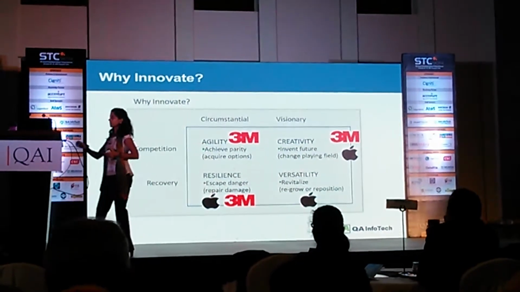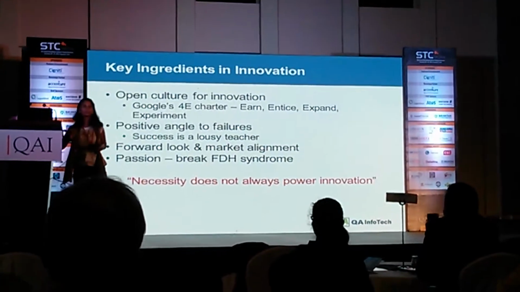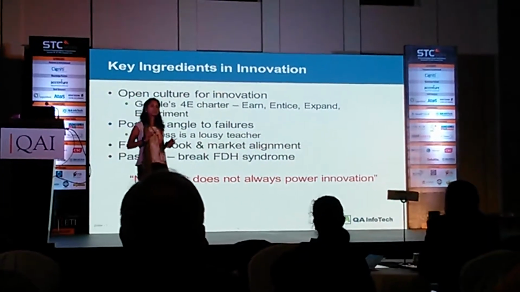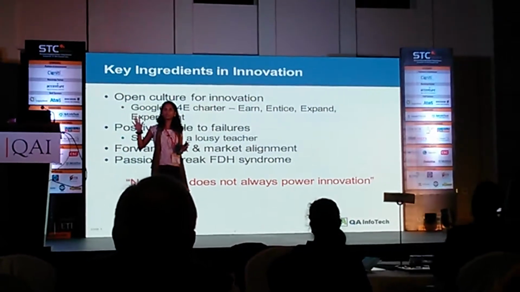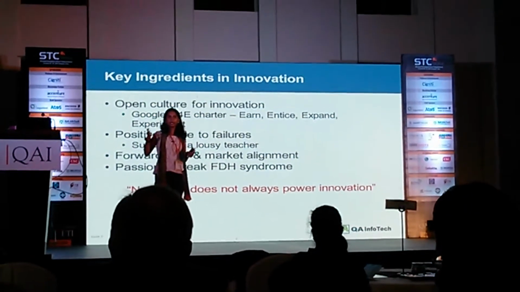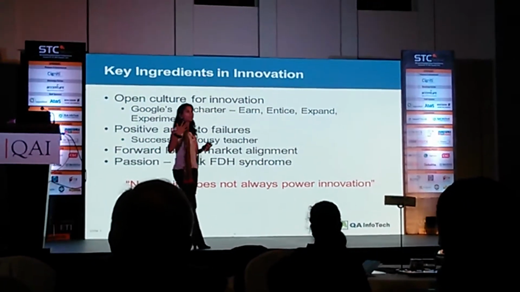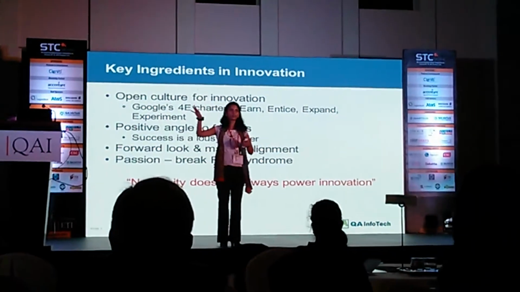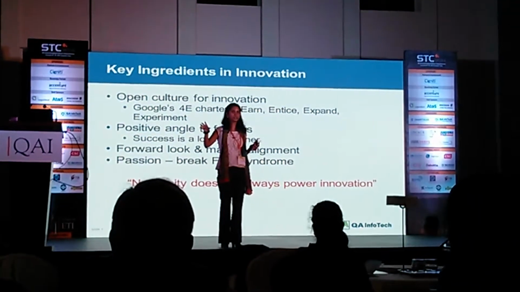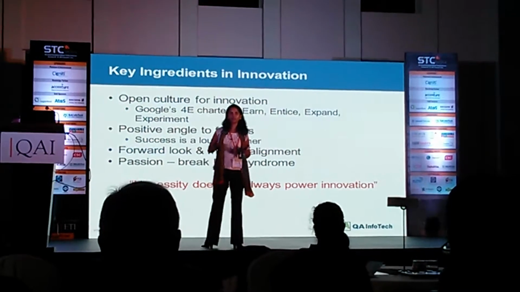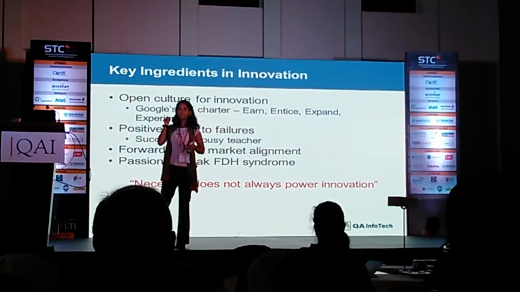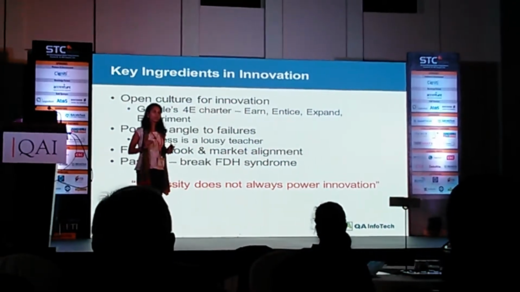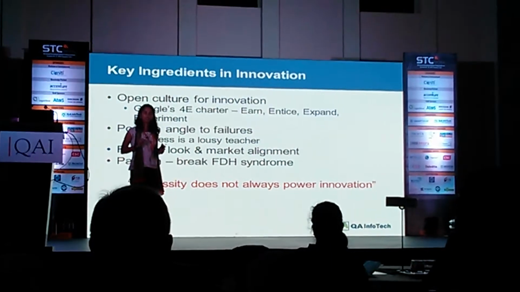So the message I'm trying to drive home is, what are those key ingredients for innovation? Firstly, an open culture is very, very important. Oftentimes we have a perception that innovation is restricted to the R&D division of the organization. That mindset has to change. For instance, in Google, 20% of every employee's time is set aside for innovation.